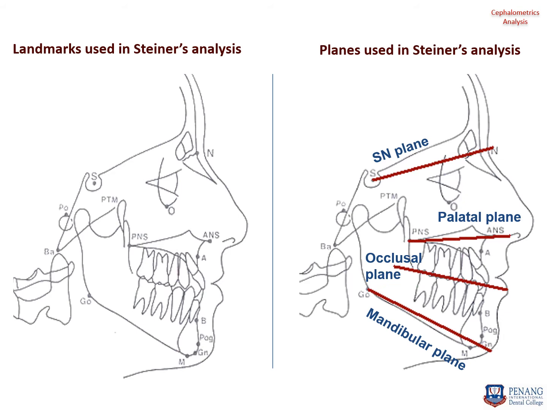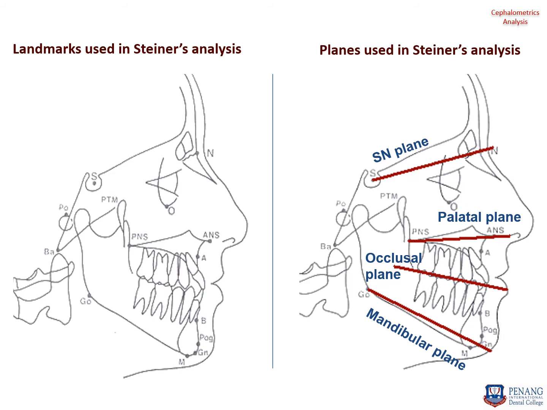There are several landmarks: nasion, ANS, point A, point B, pogonion, gnathion, menton, gonion, porion, pterygomaxillary fissure, sella, orbitale, ANS, PNS, and so on. These are the basic landmarks which are not so easy to find or locate on a cephalogram, and these were the ones recommended by Steiner to be used as part of his analysis.